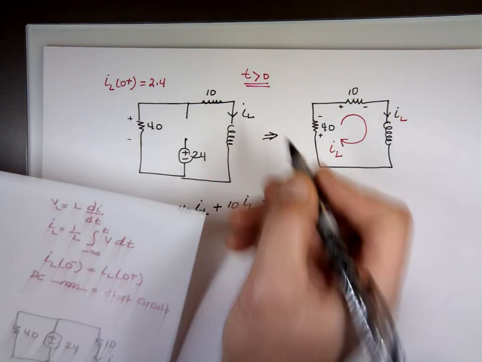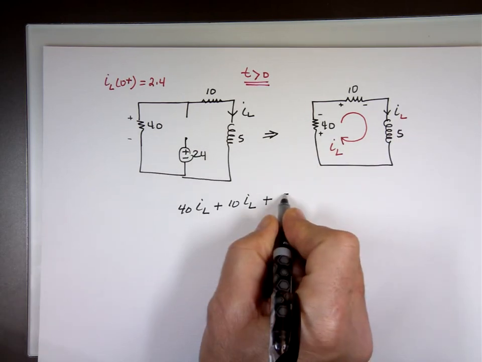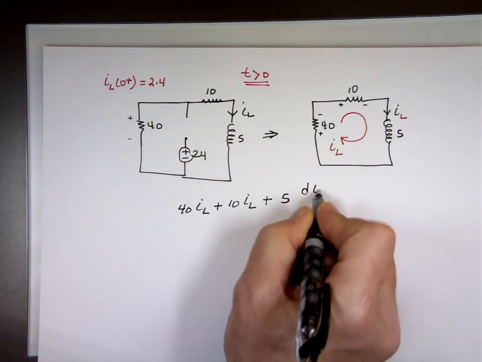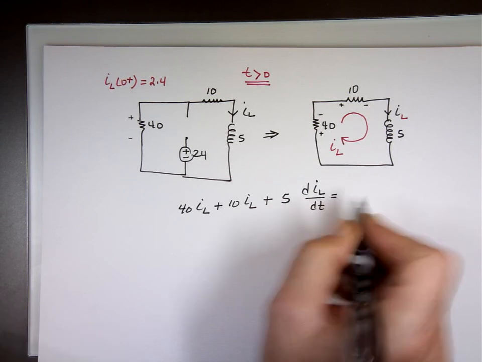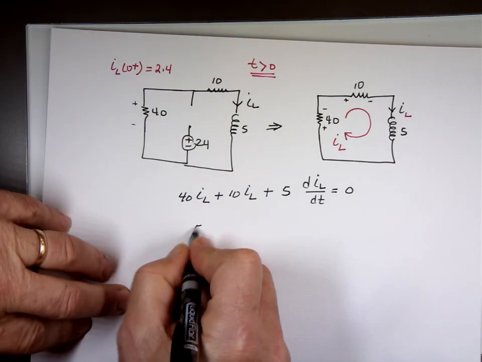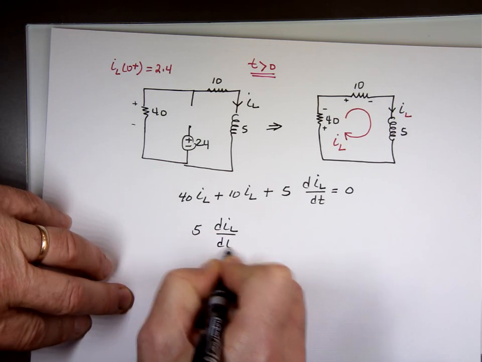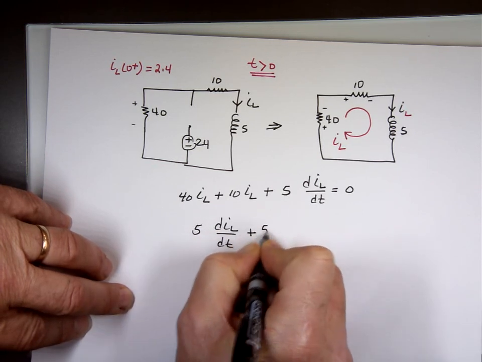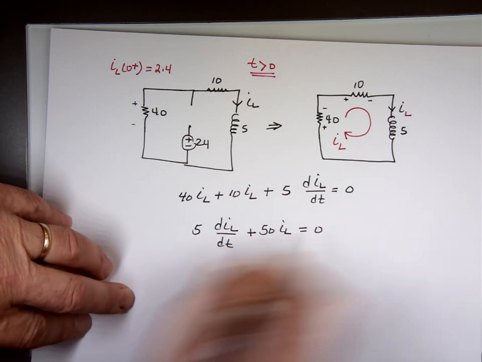Was it 5 Henry? So 5 dI_L/dt. All of that is equal to what? 0. Let's clean that equation a little bit. 5 dI_L/dt plus 50 I sub L is equal to 0. Divide by 5.